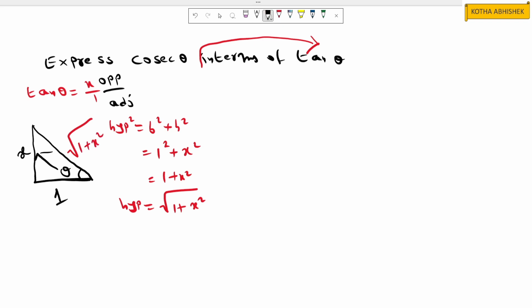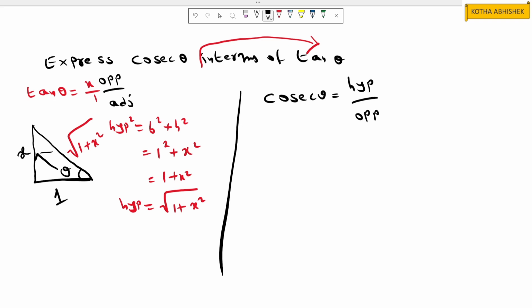Now he is asking us to find the value of cosec theta, right? So first let us write the cosec theta formula. Cosec theta is the reciprocal of sin theta. So sin theta formula is opposite by hypotenuse, so cosec theta will be hypotenuse by opposite. Now if you observe the figure, the hypotenuse is its longest side, that is under root 1 plus x square. So it equals under root 1 plus x square divided by, for the theta, opposite is x.